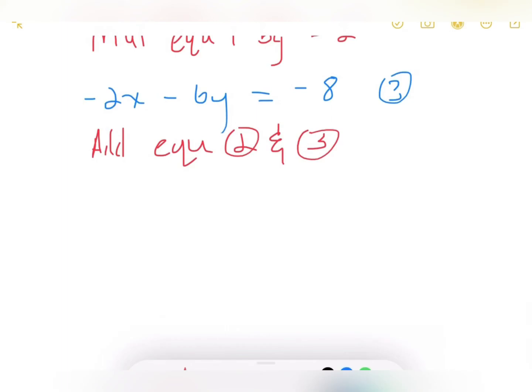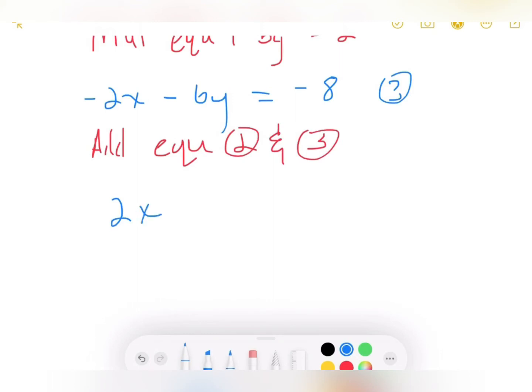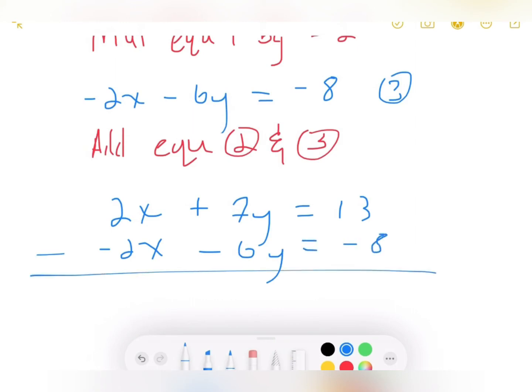When we add both equations, let me line them up so we can add. Our equation 2 was 2x plus 7y equals 13, and our equation 3 is negative 2x minus 6y equals negative 8. When we add both equations, the x will cancel out.